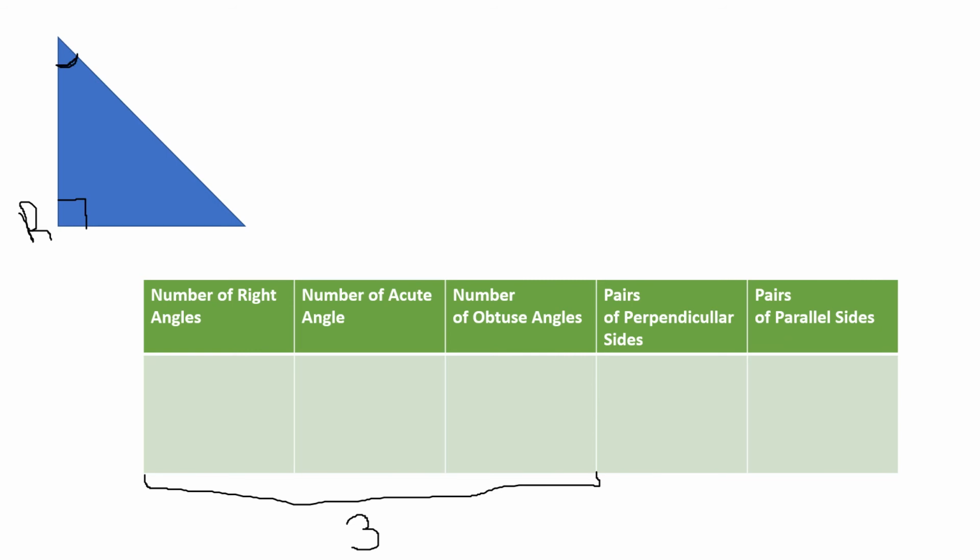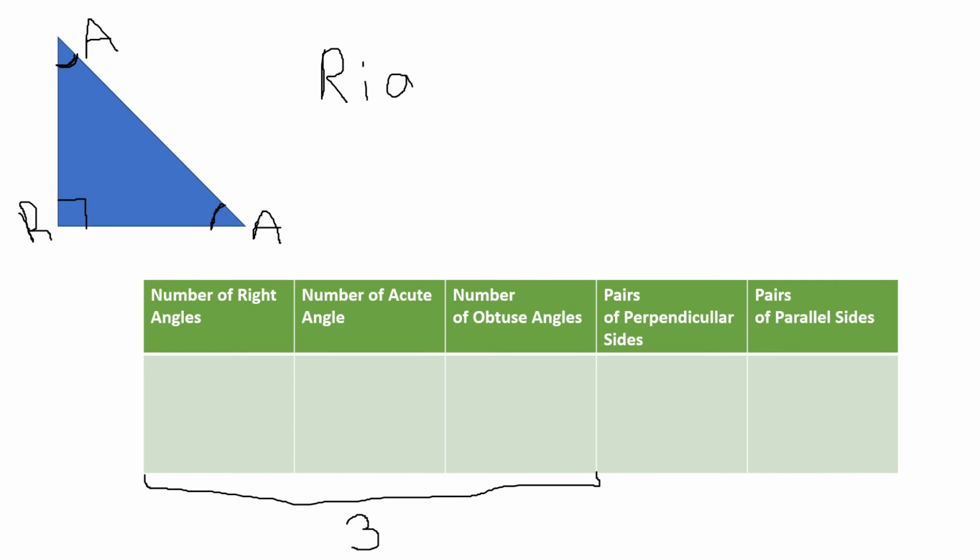Okay, let's go up to this one. This is less than 90 degrees, so that's going to be acute. And let's go down here. This is going to be acute. So we have a right angle, an acute angle, and acute angle. That makes this a right triangle.